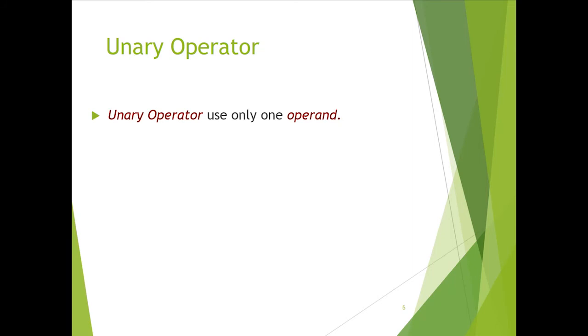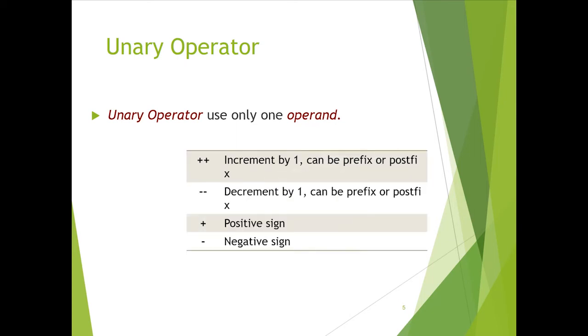So a unary operator is the use of only one operand. Now, what is a one operand? It means increment by one, decrement by one, positive sign, negative sign.